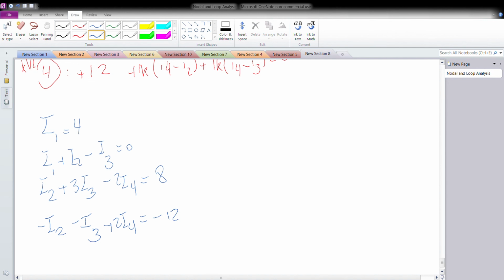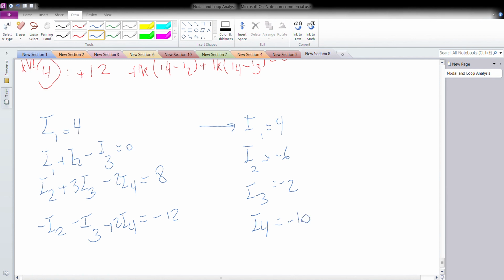And if you put this all into a matrix, then obviously you know I1 is 4, I2 is... oh sorry, I2 isn't 0, wrong value. I2 is negative 6, I3 is negative 2, and I4 is negative 10.